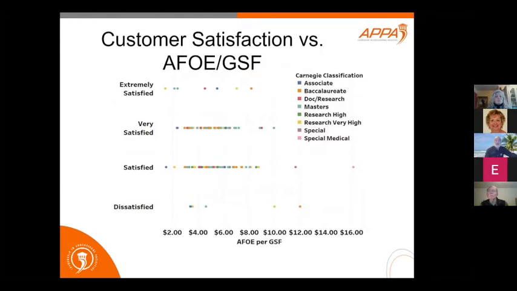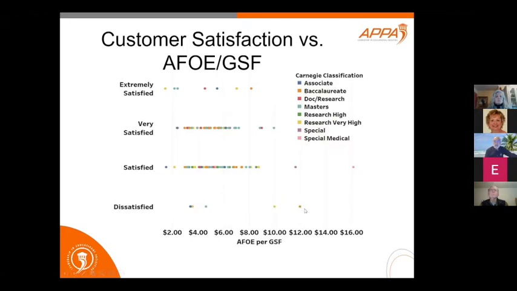One of the more interesting things that I note in here is that this campus here, and I think I know who that is, and it's really something to do with the leadership. They're spending very little, and yet they've got an extremely satisfied campus compared to an organization over here.